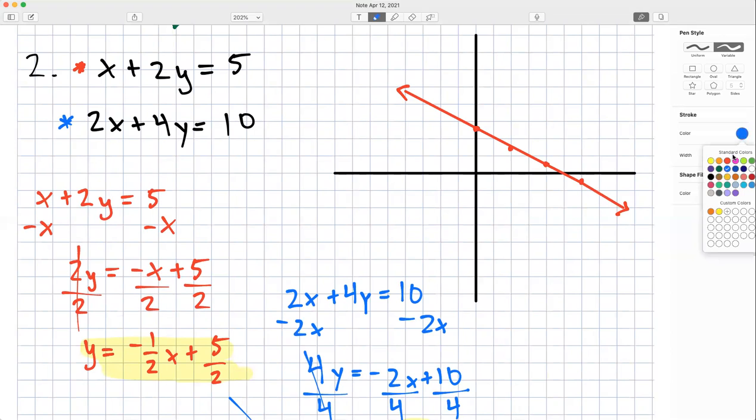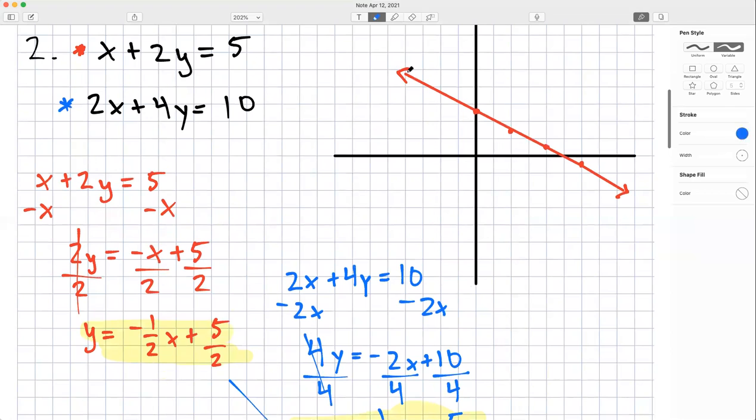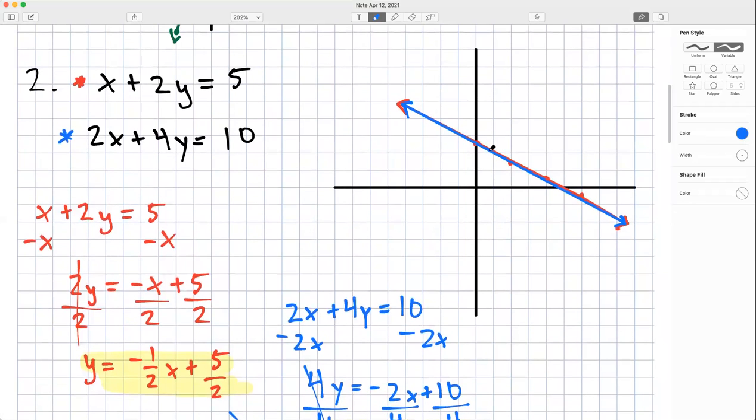And then we've got our blue one, which is exactly the same, right? So our blue one's going to lie right next to the red, or right over the red. It's going to be right where the red is. So this is an example where you have the same line.